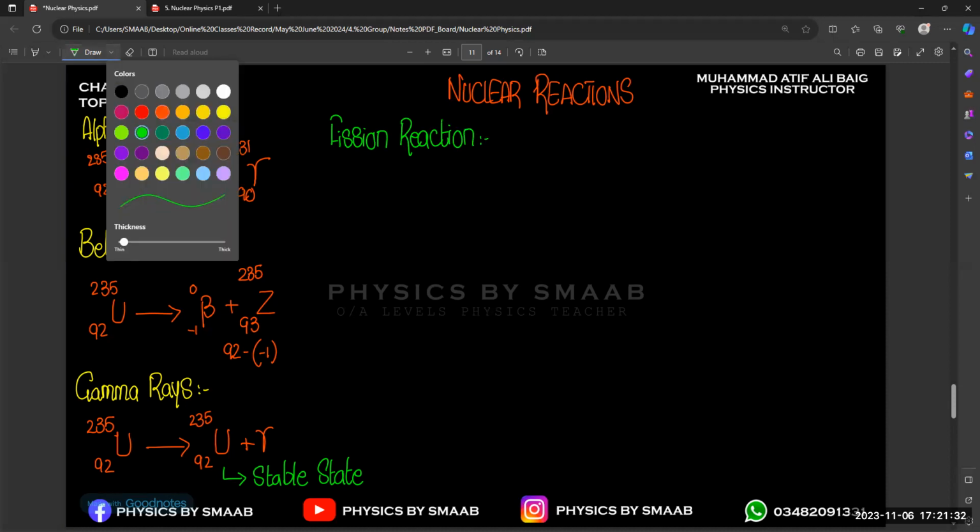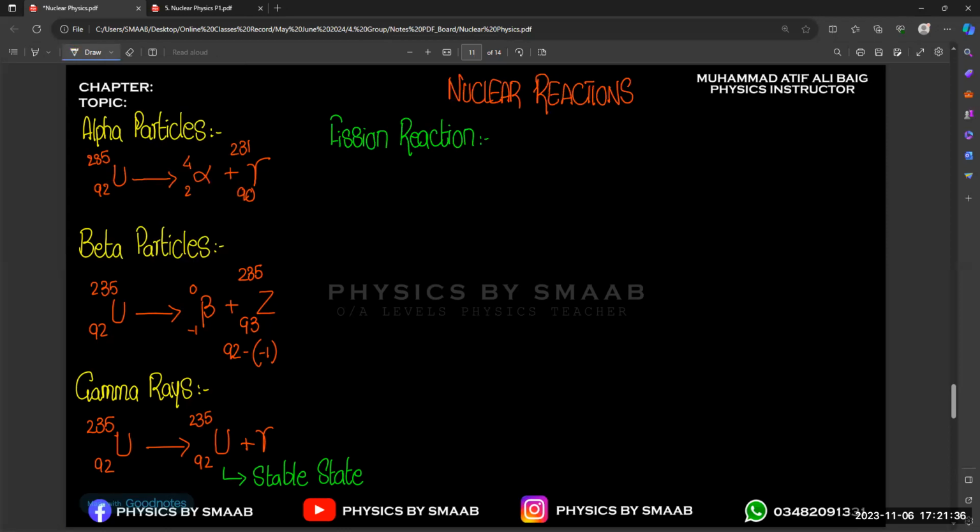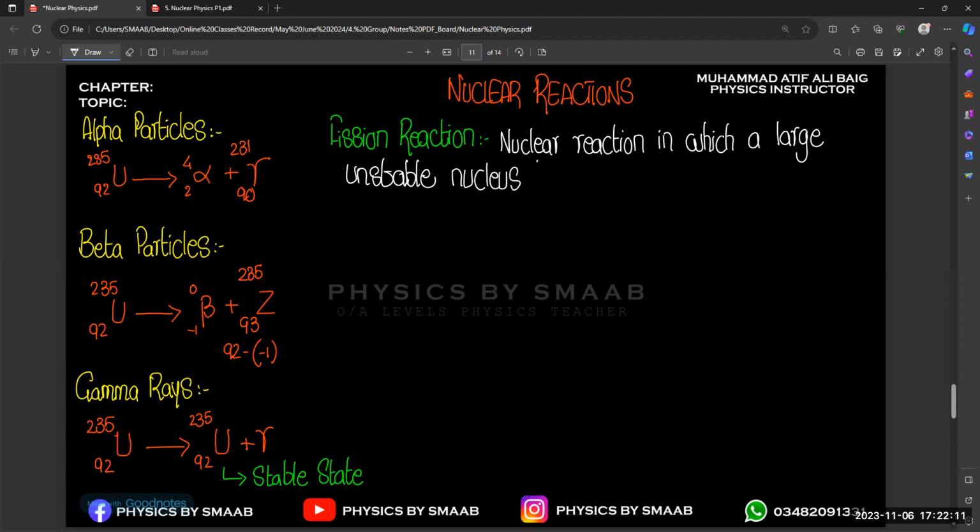The first one is a nuclear reaction in which a large unstable nucleus breaks into smaller, more stable nuclei, releasing energy.